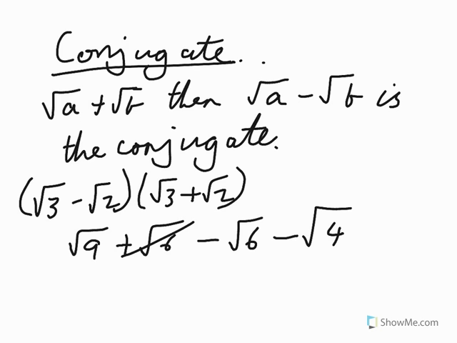Now you'll notice that we've got plus root 6 and minus root 6, so they cancel. Square root of 9 is 3, and square root of 4 is 2, so you end up with 3 minus 2, which is 1. So you'll notice that with our conjugates, the square roots are eliminated, which is quite handy later on.